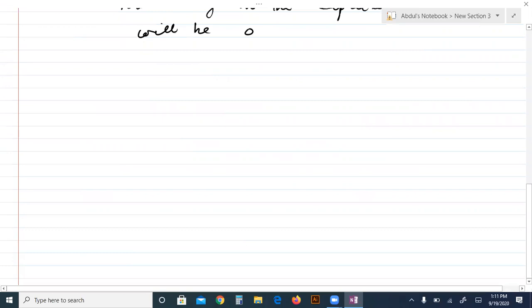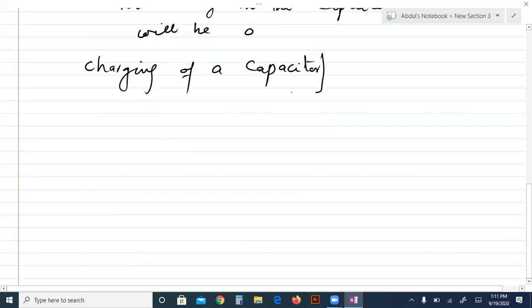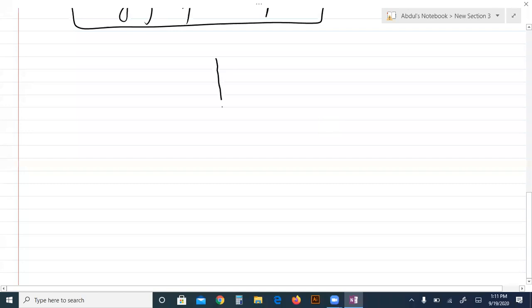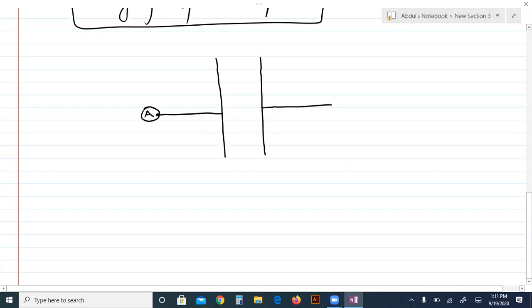Next, charging of a capacitor. Suppose we have this parallel plate capacitor. This is also the symbol for the capacitor, two lines of equal length. It is connected with an ammeter, then a switch, suppose S, and then a DC power supply, suppose a battery.